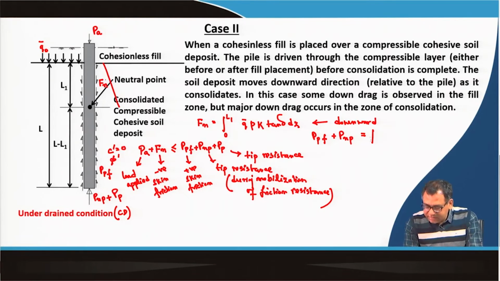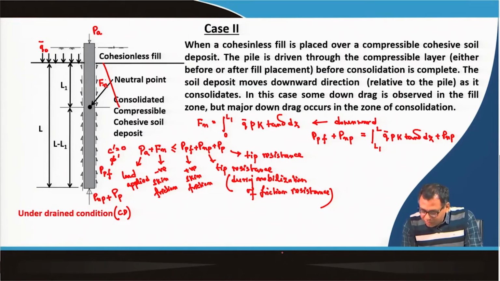So, 0 to L1 is the negative skin friction, and L1 to L is the positive skin friction, and the equation is same. Okay. Q bar, P is the perimeter, K tan delta into dz plus P and P.